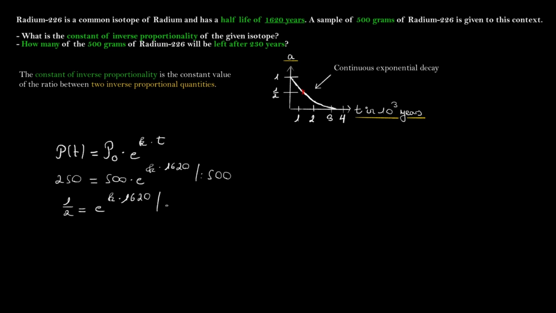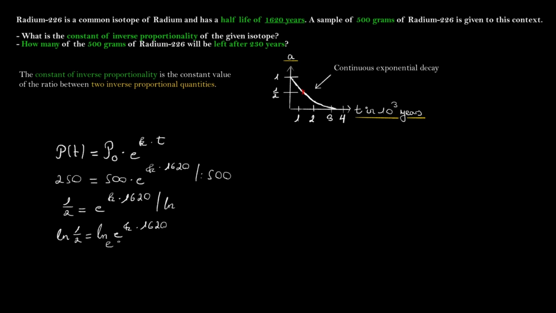So now we can use the natural logarithm on both sides and get ln of 1 over 2 equals ln of e to the power of k times 1620. ln and e cancel each other out because we have a base of e when we have the natural logarithm.